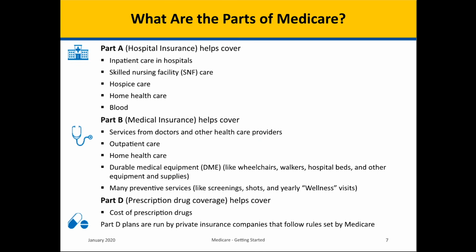Part B of Medicare, also called medical insurance, helps cover services from doctors and other healthcare providers, outpatient care, home health care, durable medical equipment like wheelchairs and walkers, and many preventive services like screenings, shots, and yearly wellness visits.